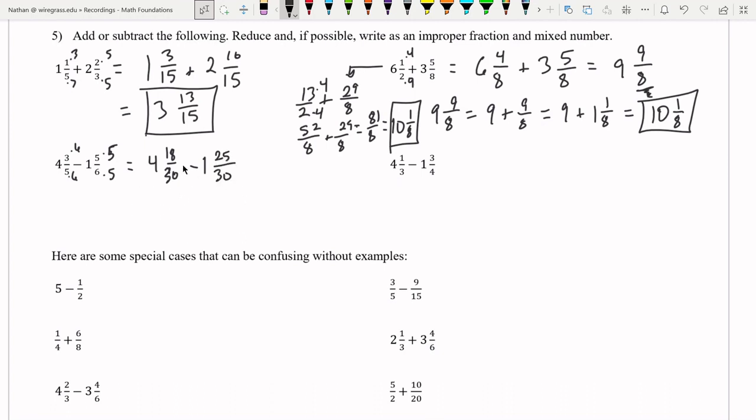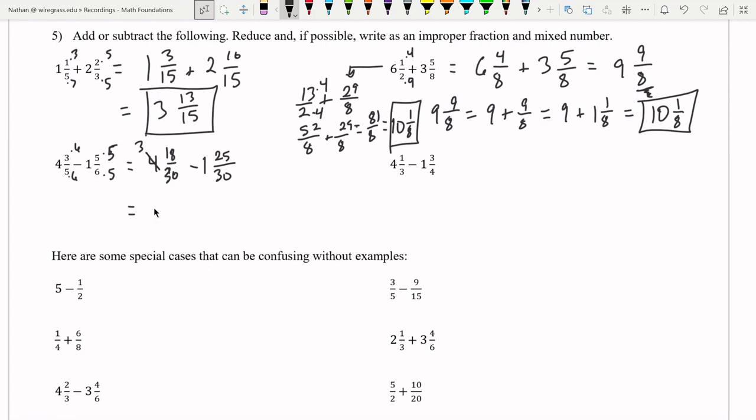And so this is the issue when you leave it as mixed numbers, right? We're going to have 4 minus 1 is 3, and 18 minus 25. Well, we can't take 25 out of 18. So we can do this process: we take 1 out of the 4, leaving a 3 here, and the denominator is 30. For each 1 that we take out of here, we add the denominator to the numerator.